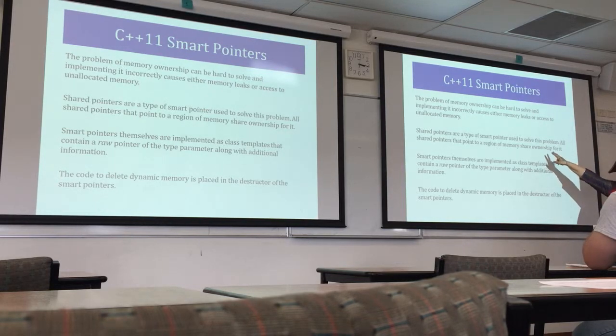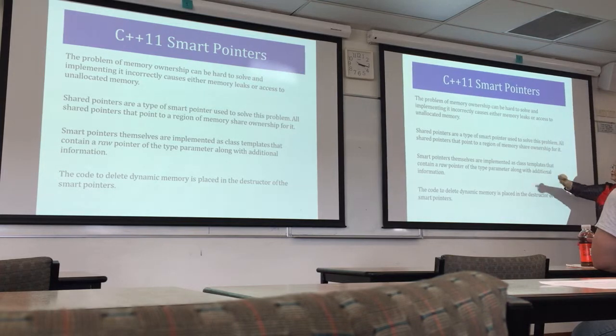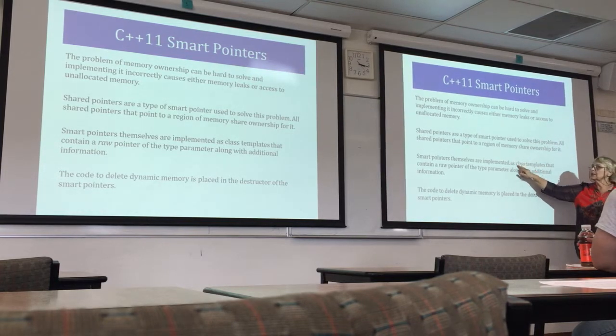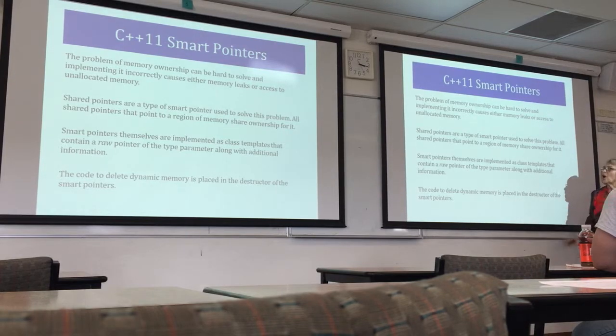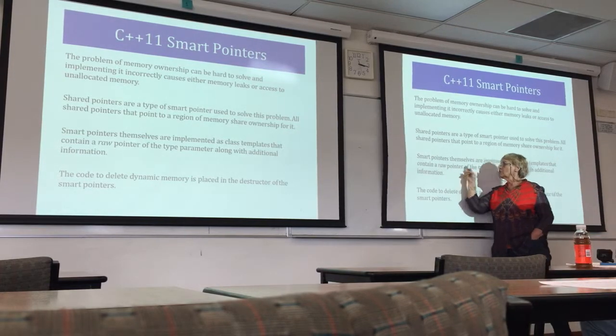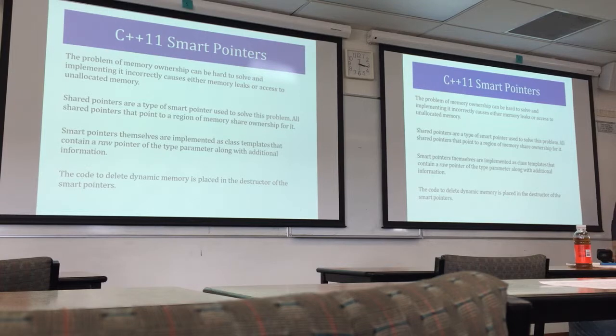So shared pointers are part of the smart pointers which try to solve the problem where we have more pointers pointing to one object. All the smart pointers are implemented with class templates, and they all have somewhere a raw pointer, which can be dereferenced, once again, with one exception, the weak pointer.